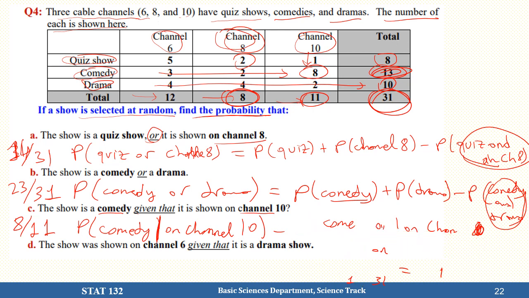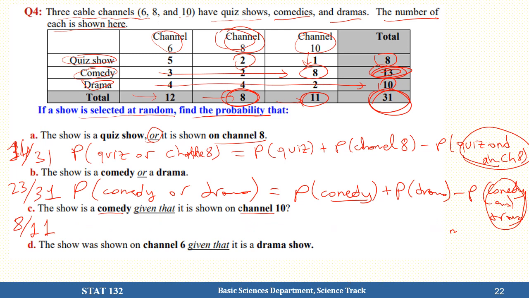Now the other one, okay, let's do this one. The probability that the show is on channel 6, given that it's a drama. So in this case, we have to look for the conditional probability formula.